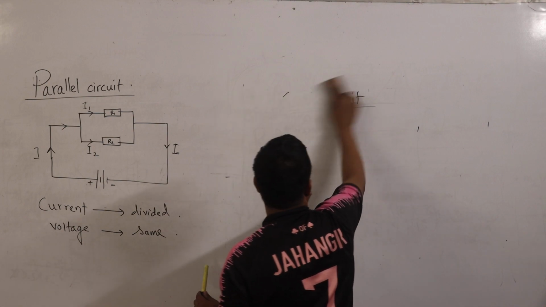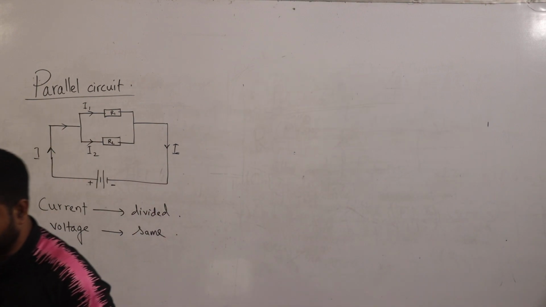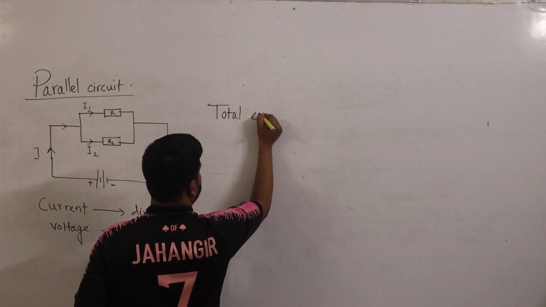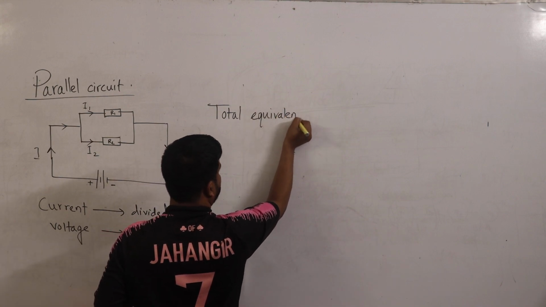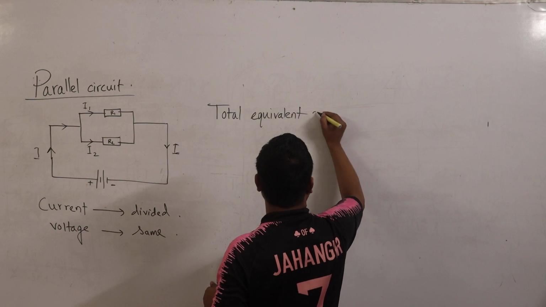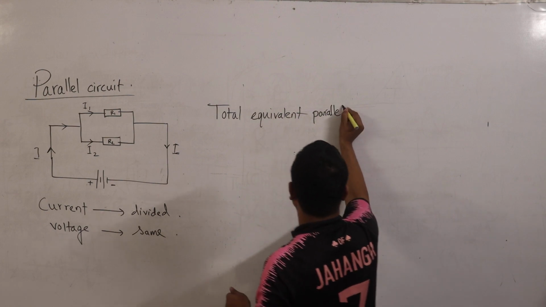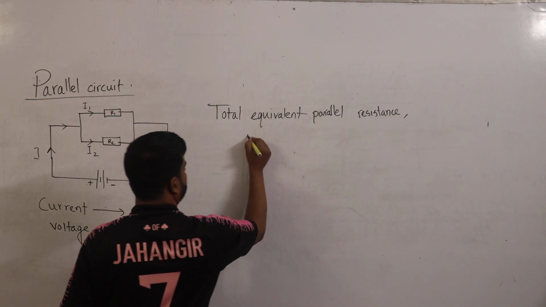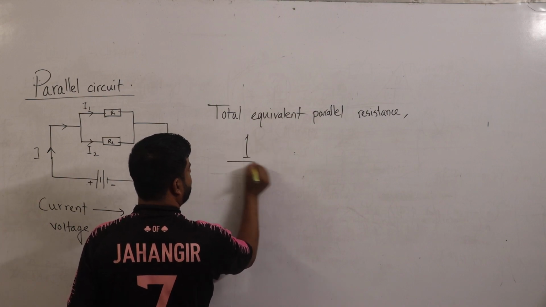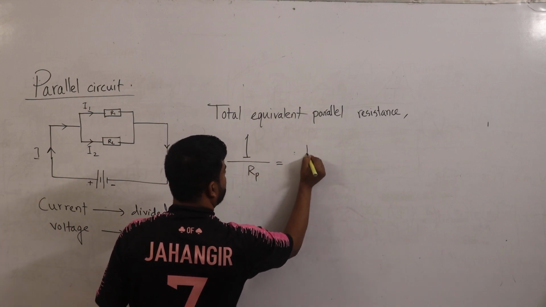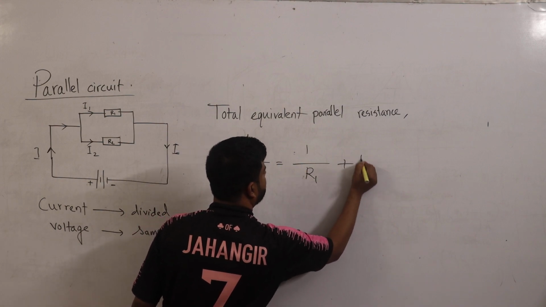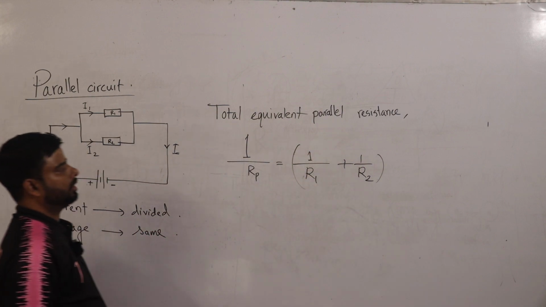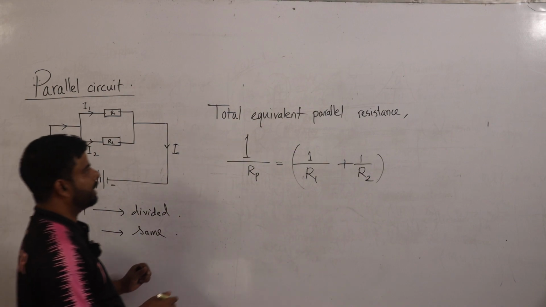Here remember one interesting thing, if we want to calculate the total equivalent resistance, equivalent parallel resistance, RP. Remember here 1 by RP equals 1 divided by R1 plus 1 divided by R2. This is the formula for calculating total equivalent parallel resistance.